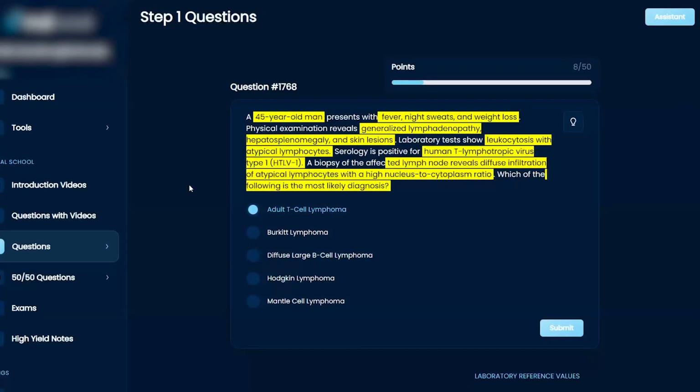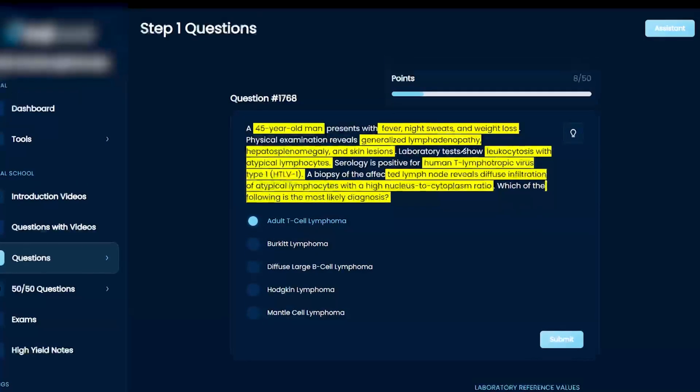Yeah, I thought human T lymphotropic virus type 1 was kind of the same name as adult T cell lymphoma. So I was like, maybe this is a trick or a trap. But from my memory from Pathoma, there's a vague little topic about it, and I think it's helper T cell related or something like that. Sure, exactly.